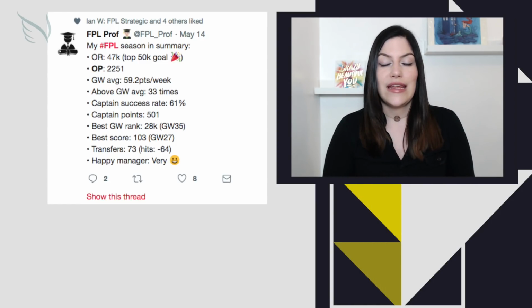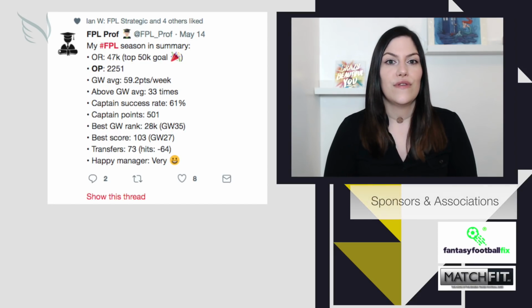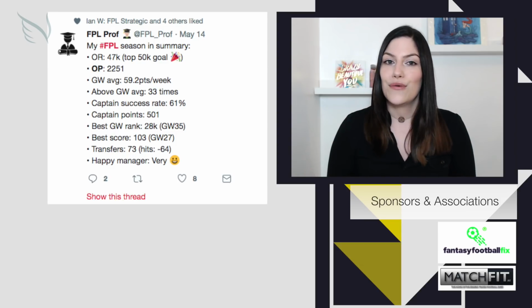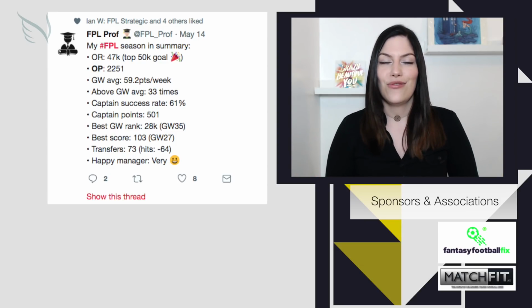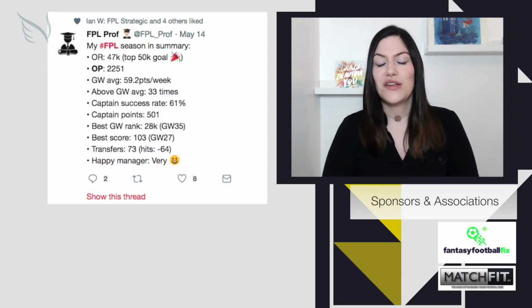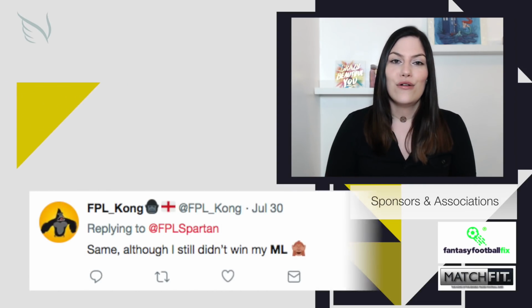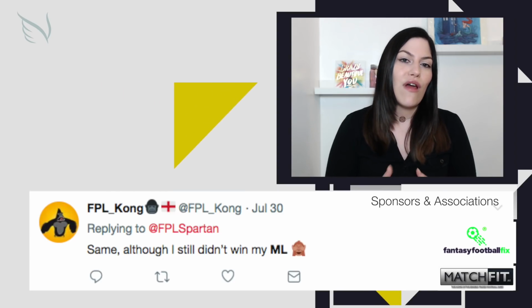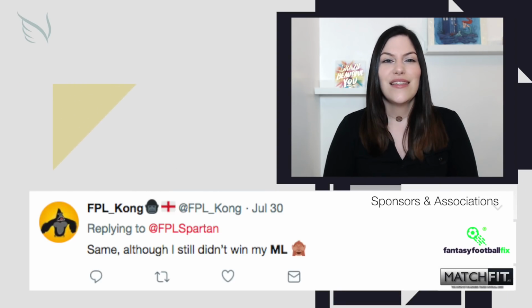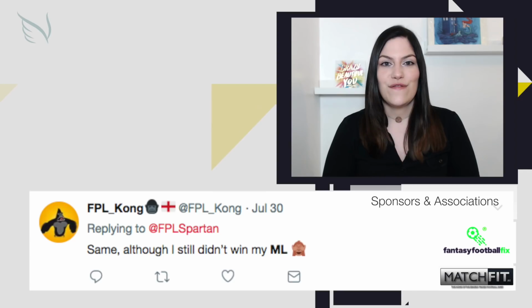That's the big one really that a lot of the community focus on, because it shows how well you're doing against everyone else in the game, everywhere in the world, and shows how good of a manager you actually are. Of course, if you are an ML, that's a mini league player, rather than an OR player, those two things might be slightly different for you.